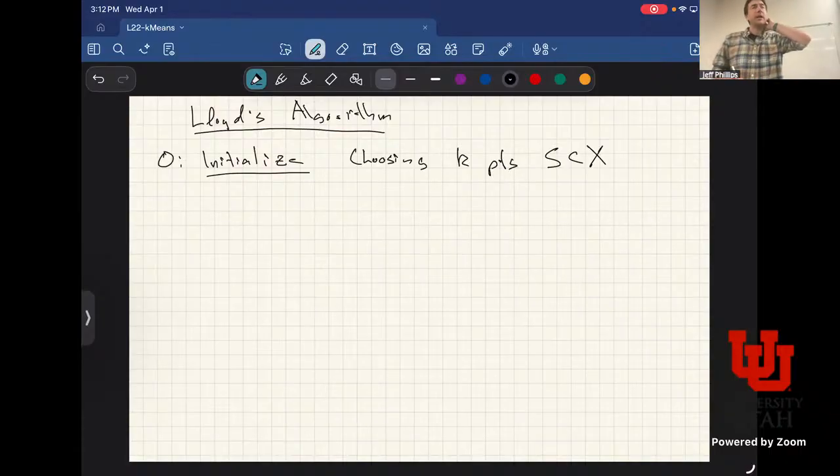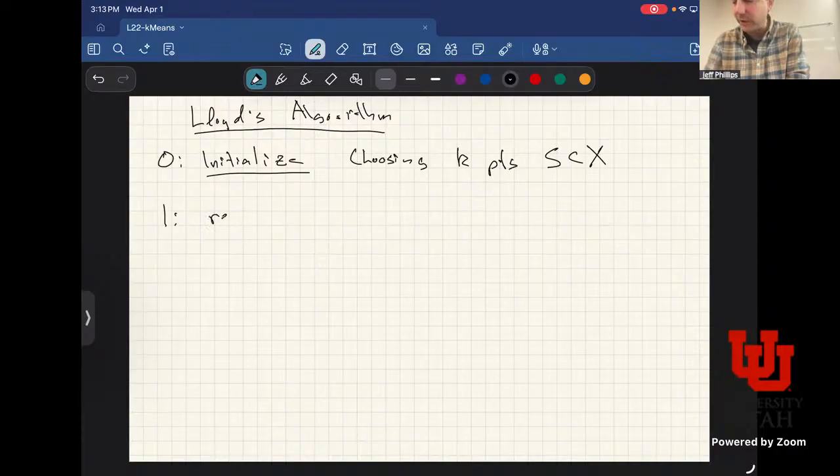I know I want K clusters. So I'm going to choose some subset S as a guess of the sites. And I'll usually use a subset of the data. So I'll pick K of the data points and say, okay, first guess, right? Almost never, unless I got super duper lucky, is it going to be the right answer. But it's a guess, and then we're going to try and do some iteration and improve this.